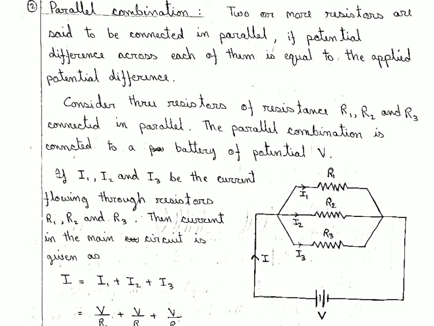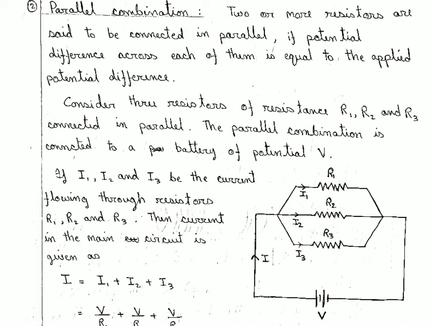Now in the next type of combination, we have the parallel combination. Now in this combination, the current flowing through the different resistors is different, but the potential difference across the resistors is the same.